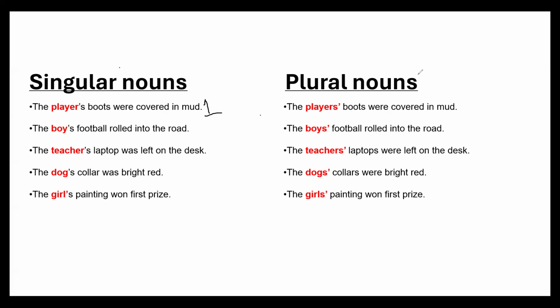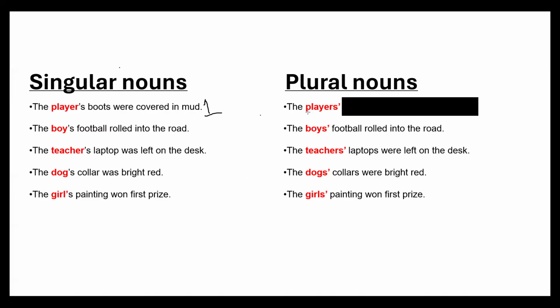But if we go to the right hand side, what does the word say before the apostrophe? Which line? You see where I've drawn the black rectangle? If you read the word before the apostrophe, what does it say?